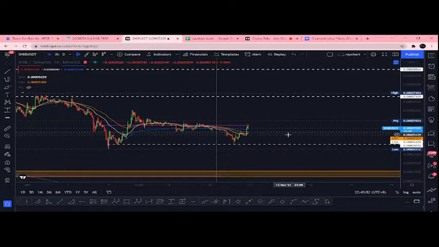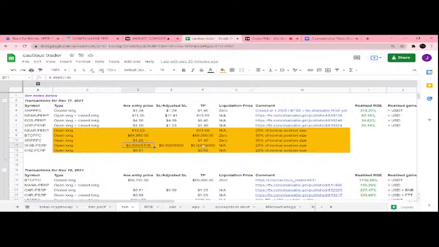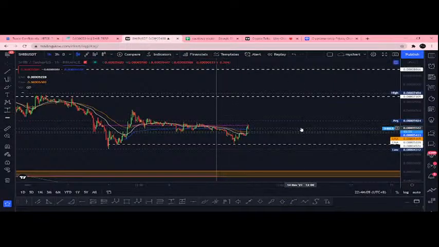So that's 5,146 with TP, I changed my TP to 10,000, and then stop loss at the 5,300 area.